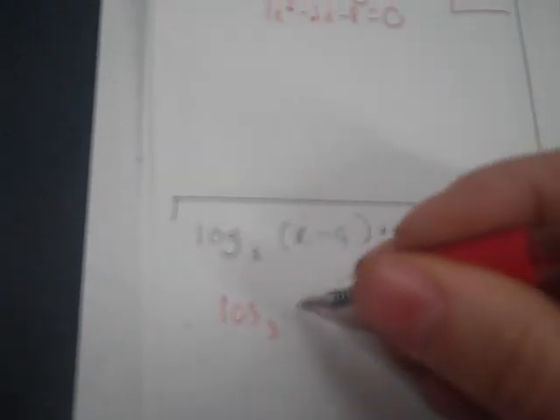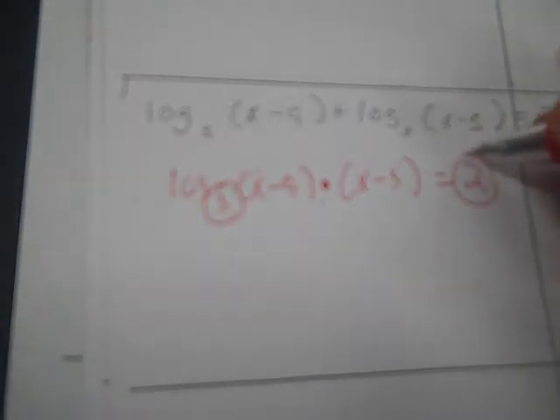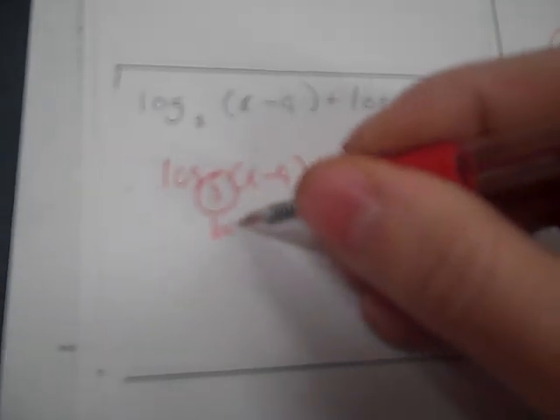Okay, first one, get rid of the logarithm. Or, well, I can't get rid of it because there's 2 of them. Now make it so there's 1 of them. So log base 3, then x minus 9, plus means times, then x minus 3 equals 2. Okay, now get rid of the logarithm. Again, that's my base.